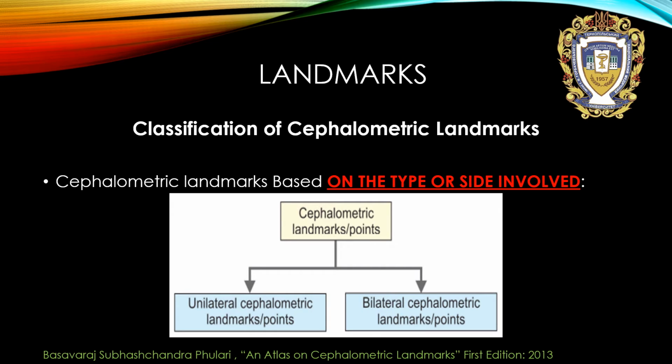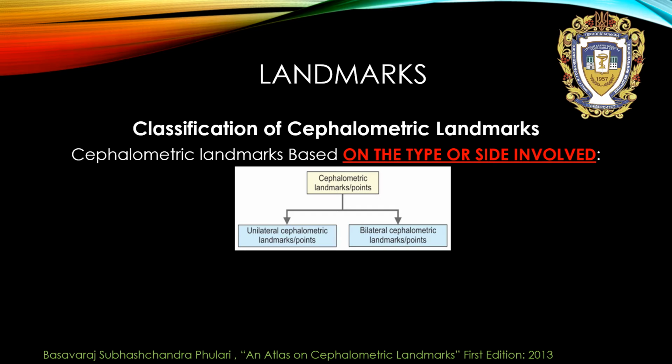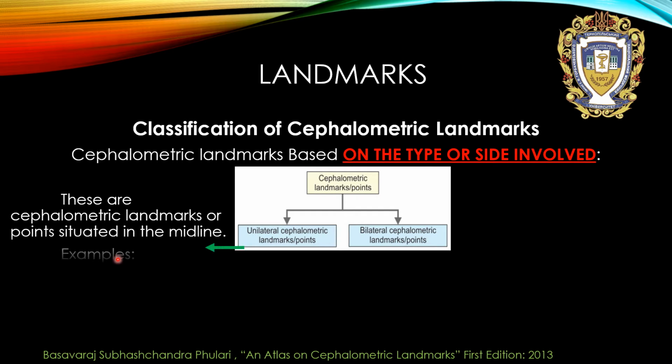What does it mean? Unilateral cephalometric landmarks and points are cephalometric landmarks or points situated in the midline. Examples of these points: nasion point, point A, point B, menton, etc.